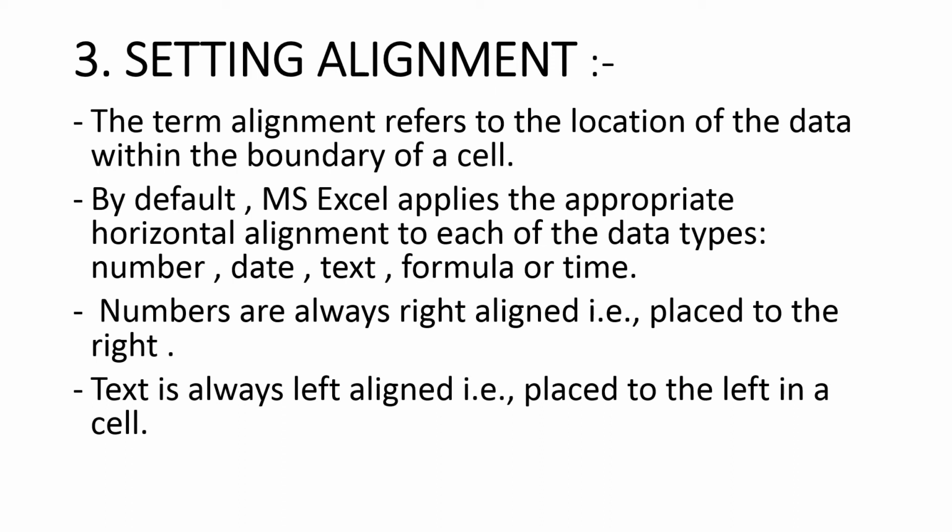Fine. So this is nothing but setting alignment, as in where you want to place your content in the cell, either to the left side or right side or top or bottom. According to your requirements, you can select any of the options in this setting alignment.